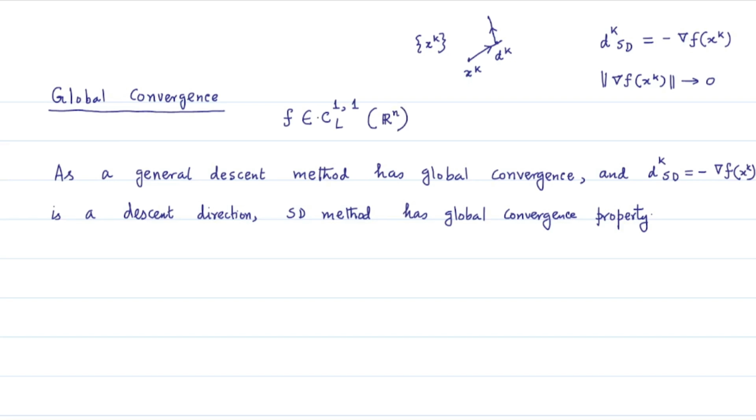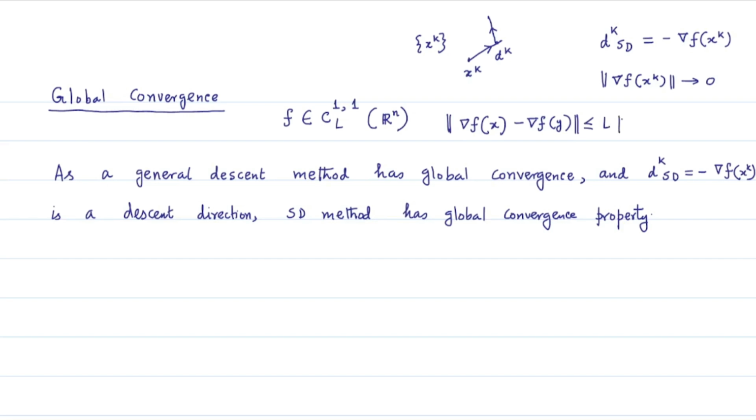Here this notation is very special in optimization theory. By this we mean the function f has continuous first order partial derivatives, then the gradient comprised of first order partial derivatives is a Lipschitz function with this constant capital L.